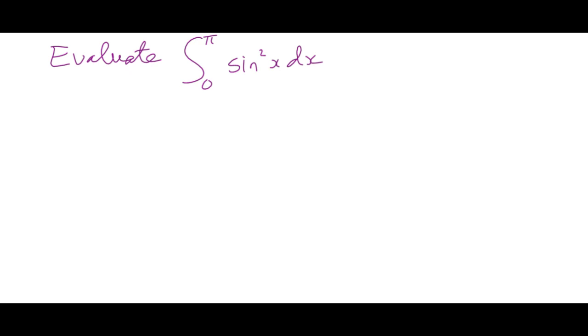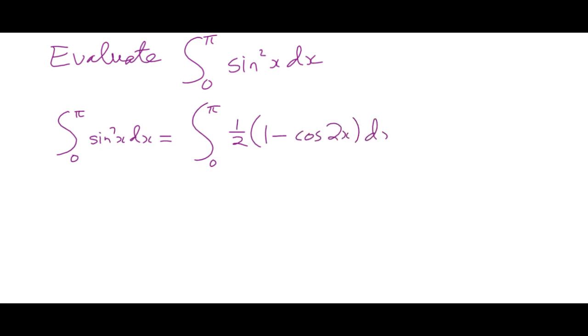Well, we start by replacing sine squared with 1/2 of 1 minus cos 2x. Here's what we're going to write. The integral from 0 to pi of sine squared x dx is equal to the integral from 0 to pi of 1/2 (1 minus cos 2x) dx, which is equal to.